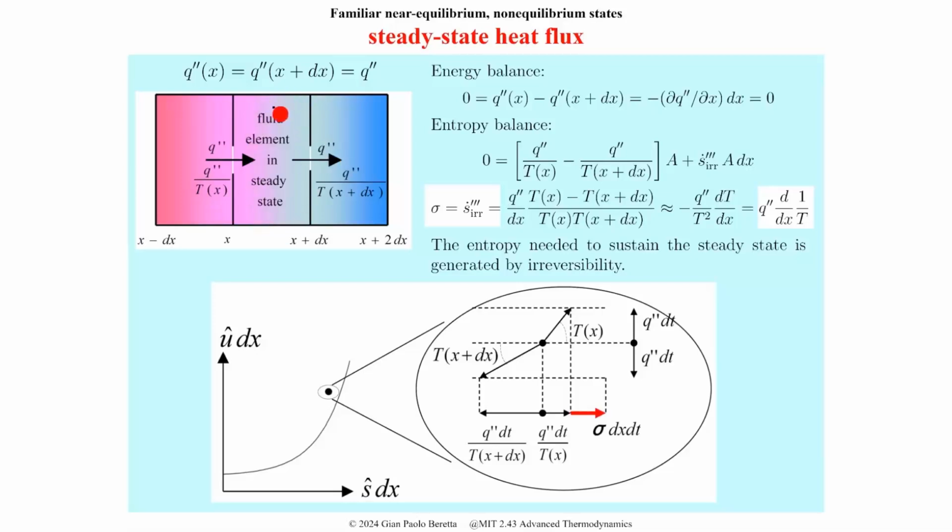You take a one-dimensional fluid element subject to a gradient of temperature. So this fluid element on one side has a heat interaction at one temperature with the fluid element on its left, and another heat interaction at a slightly different temperature with the element on the right. And for the moment, let's assume that this is in a steady state.